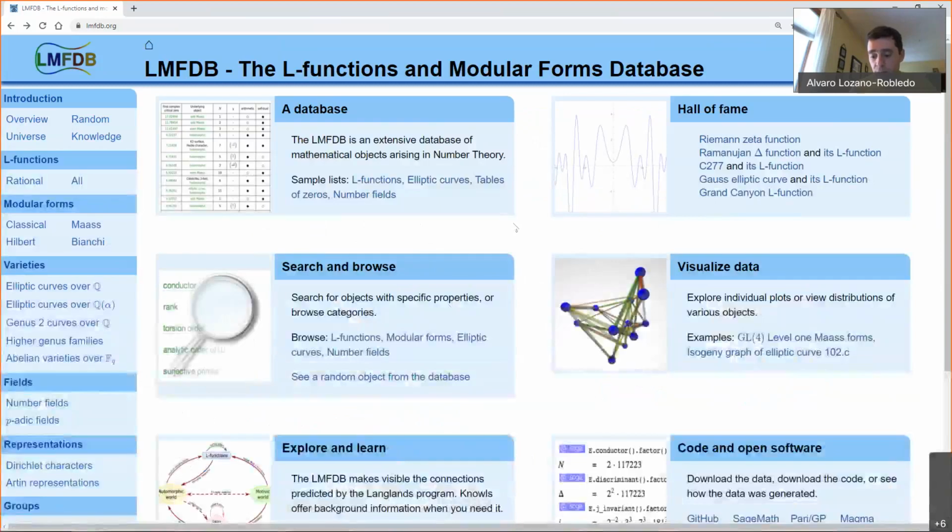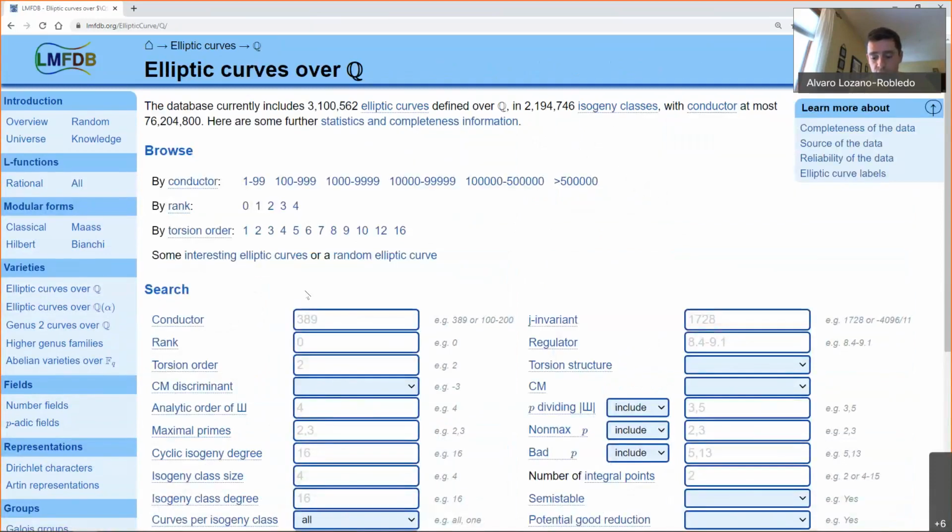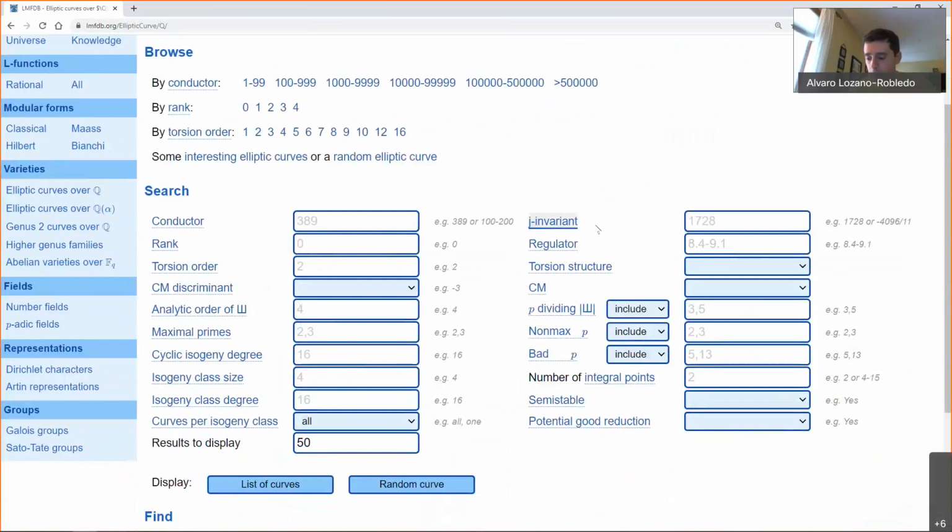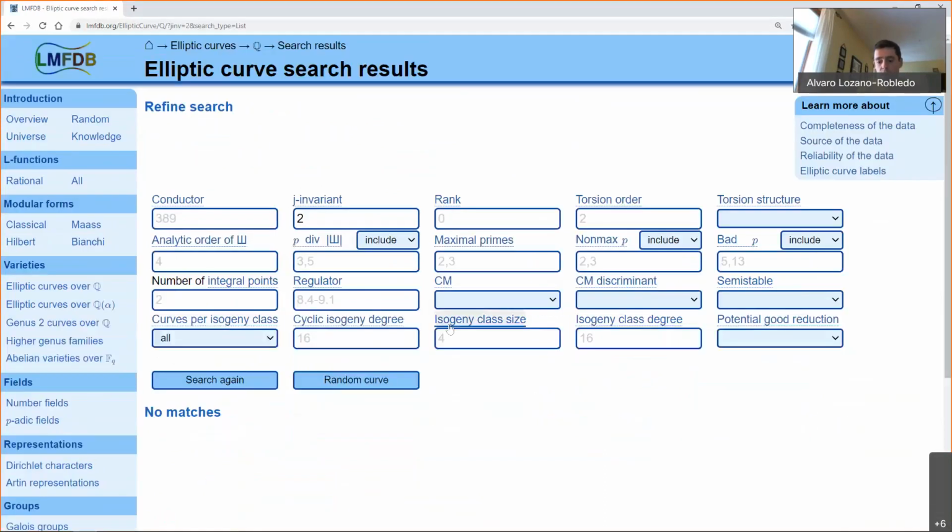At lmfdb.org, you have a database of elliptic curves at your disposal to find elliptic curves with certain properties that you may want. If I look for an elliptic curve with j-invariant 2, it's not even in the database because the coefficients are already too large.